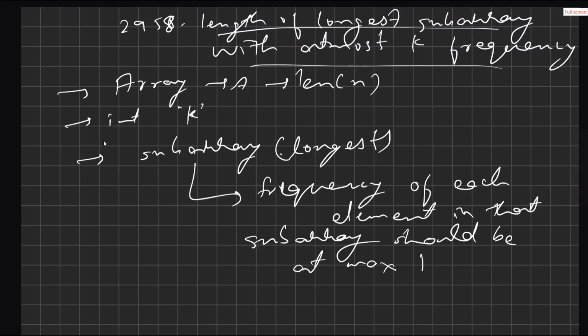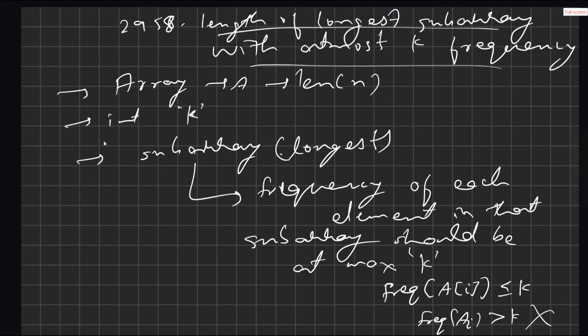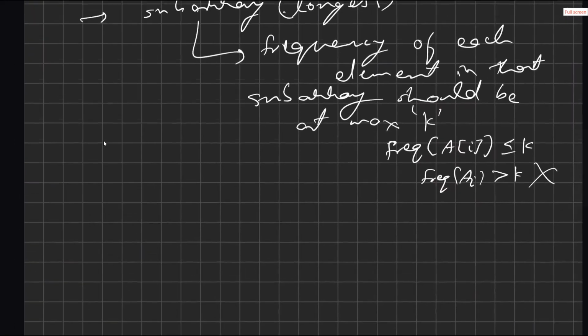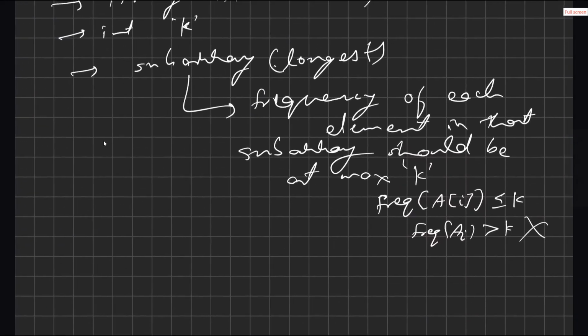It can be lesser than k. The frequency of element, let me call it a of I, in that subarray should be lesser than or equal to k. It shouldn't be greater than k. If the frequency of that element a of I is greater than k, then that is not a good subarray. So we need to find the longest subarray.